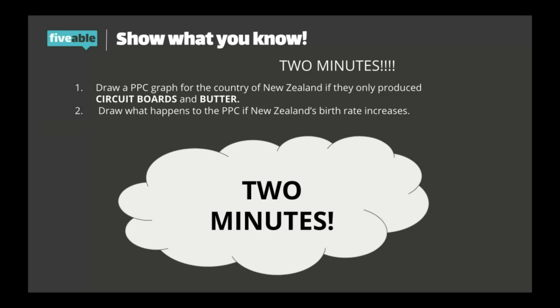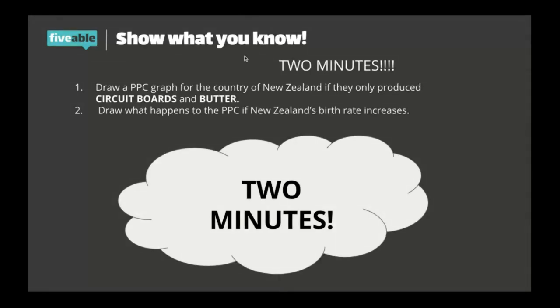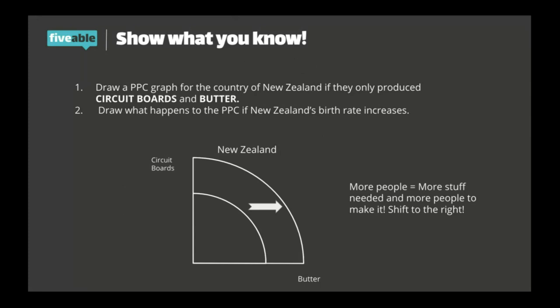All right, time's up. Let's go ahead and see what the answer should be. Most of you, I see one person almost had it right, we've got our graph, our big quadrant 1 graph. More people means more stuff needed and more stuff to make it, so we are going to push it to the right.